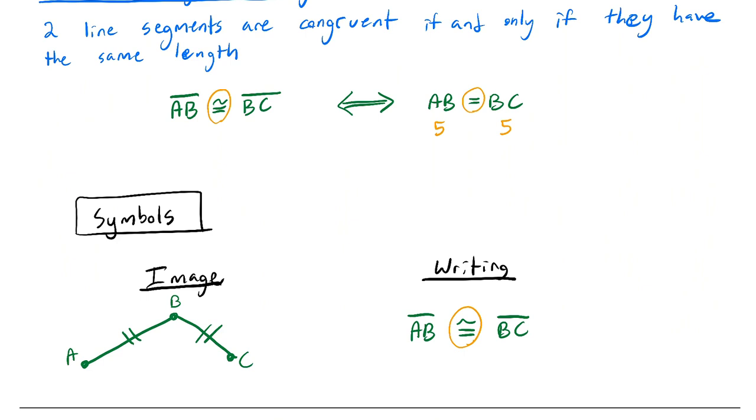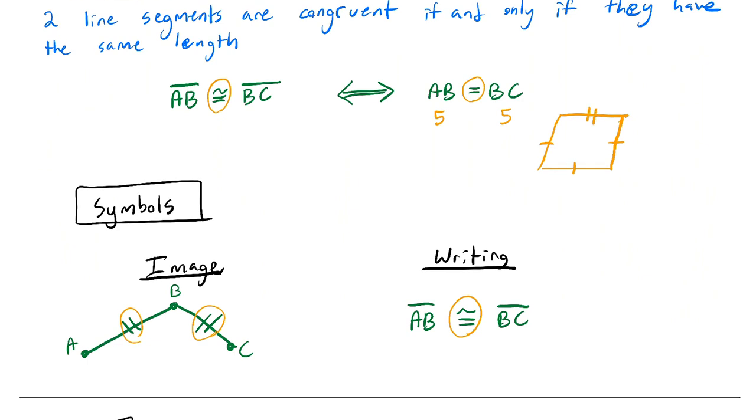Okay. Here, though, in a picture, we signify it in a different way, okay? We use the same number of dashes on the segment. So I might have a more complex diagram. Like, say it's a rectangle-y thing. I could put 1 dash here, 1 dash here to say those two sides are congruent. And I could put 2 dashes here and 2 dashes here.